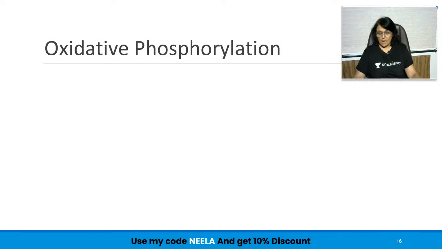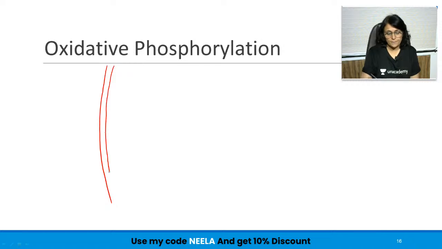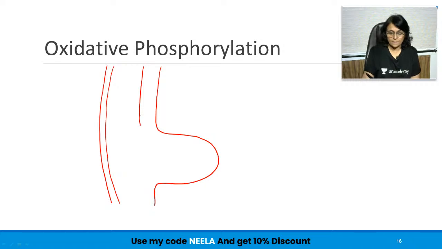Now, I am going to draw again a very simple diagram for you. This is the outer membrane of mitochondria. This is the inner membrane of mitochondria, and this is a crista.